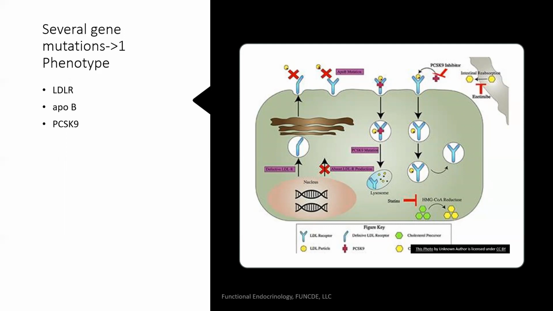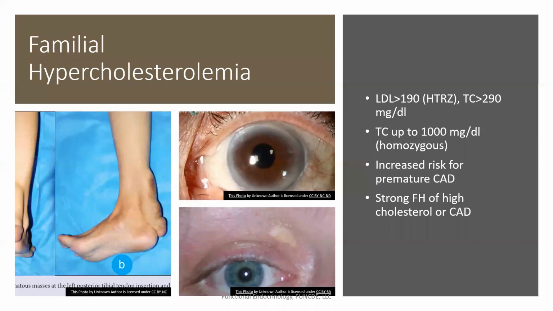The clinical picture will be super high cholesterol, premature coronary artery disease, and atherosclerosis in leg arteries, heart arteries, brain arteries. But the genetic mutation responsible for the clinical picture can happen in several different places. So this is where we have different genes, but they lead to exactly the same phenotype.